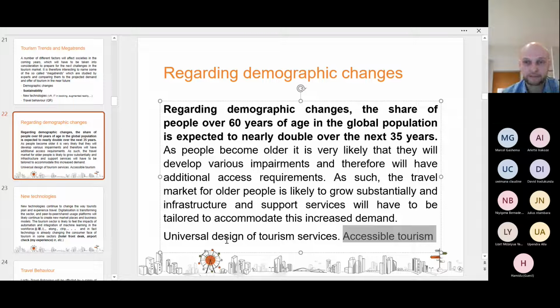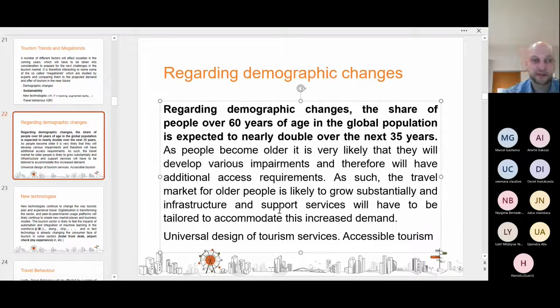And the older the tourist is, the bigger the chance that the person could have some disabilities. So in this case, aging of the population is challenging the companies in the tourism industry, because the companies should provide accessible services for tourists with disabilities.